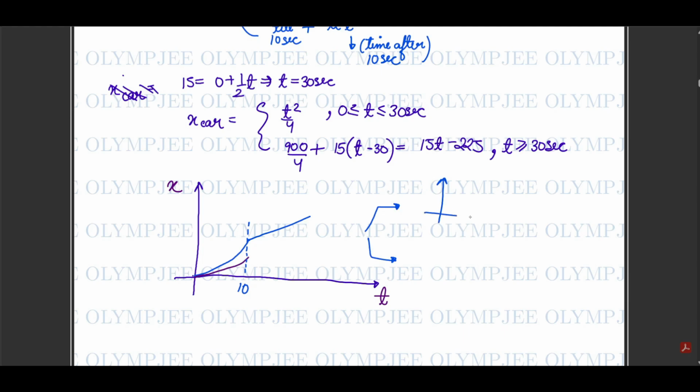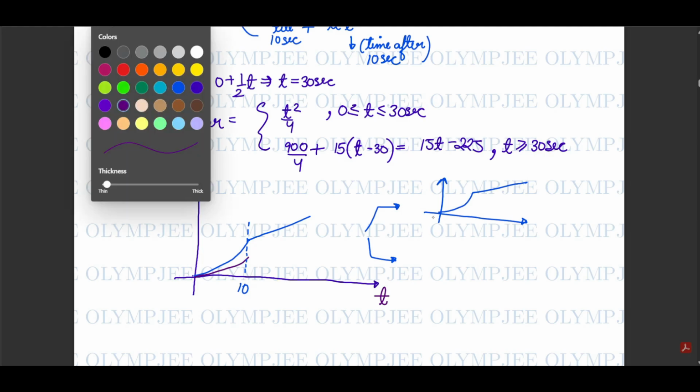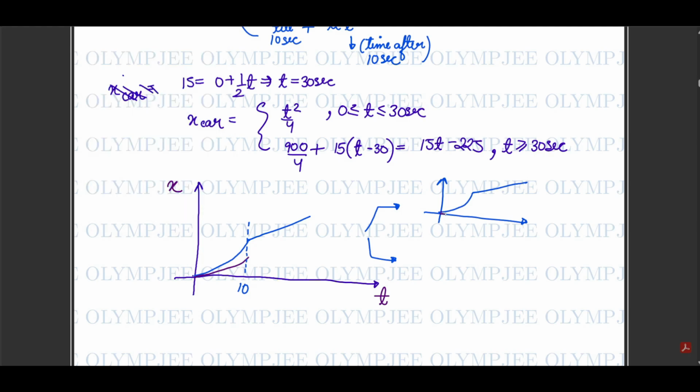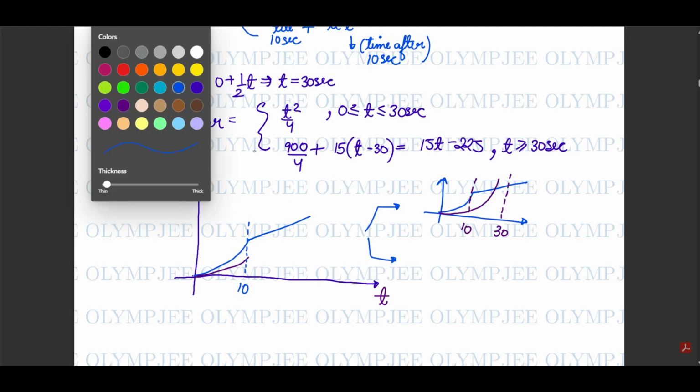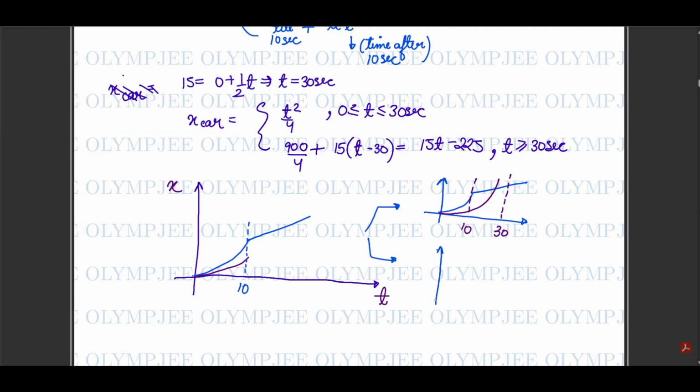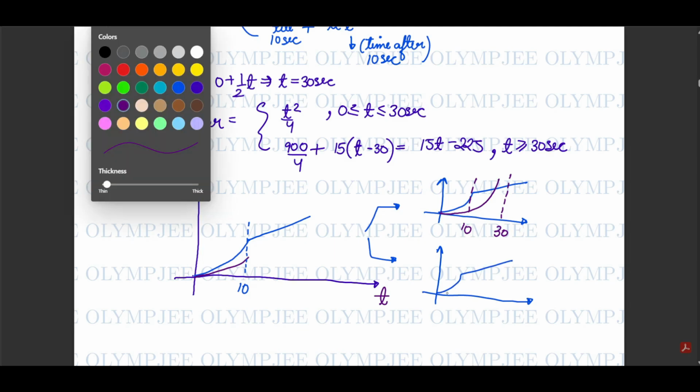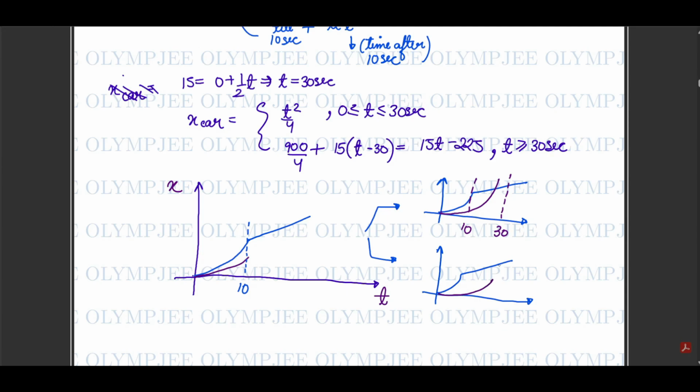The first case is that the car might intersect this graph before 30 seconds, or it might not intersect before 30 seconds. Something like this.